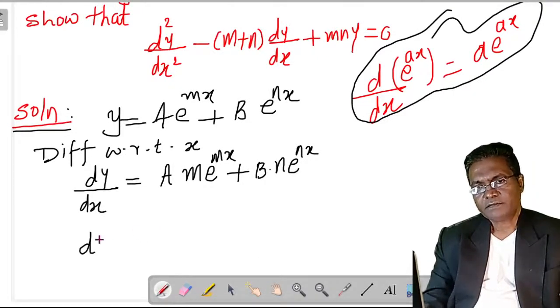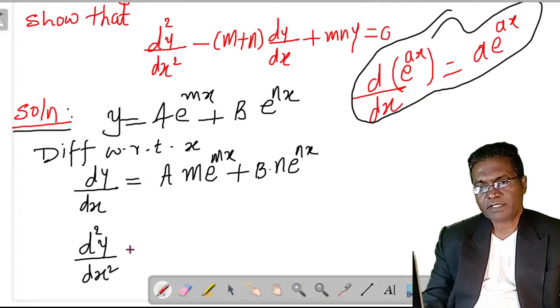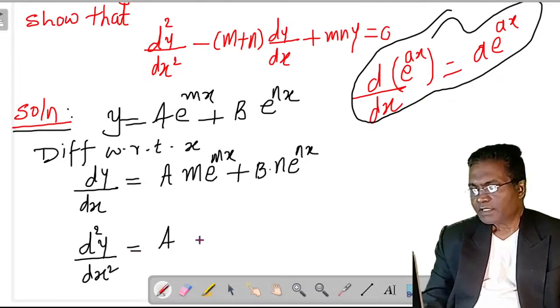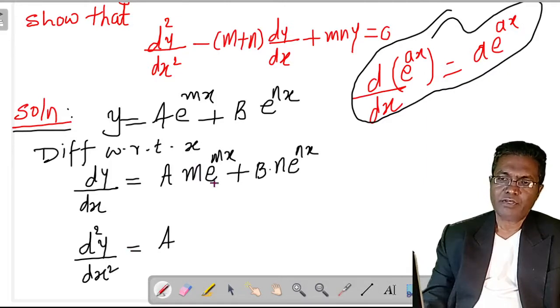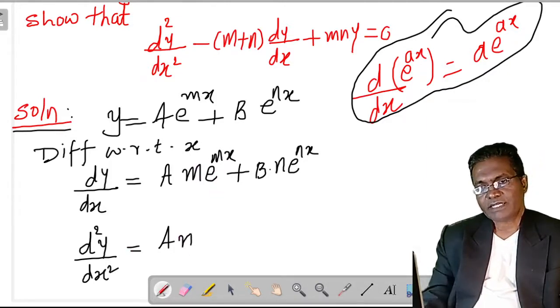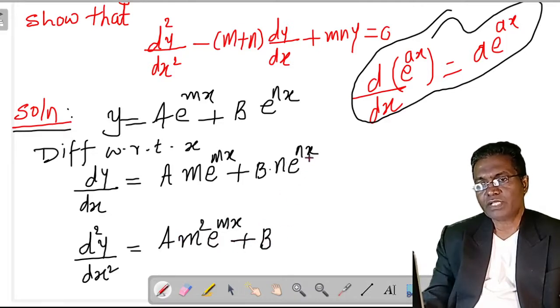Differentiate it again. d square y by dx square is a into m into, so one more m with e power mx comes. So I can write directly a m square e power mx. Similarly, b into n e power nx, so n into n square, b n square e power nx will come.